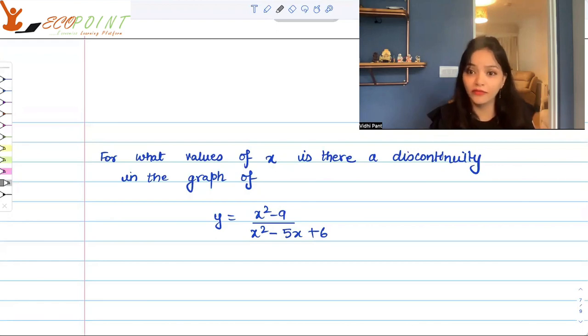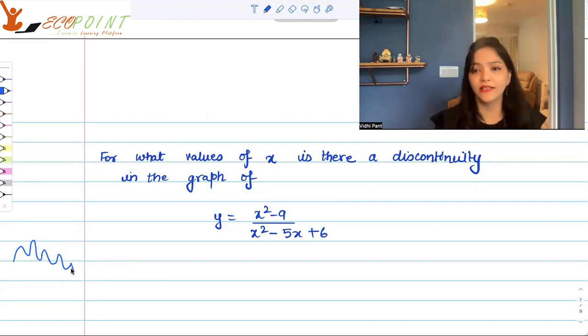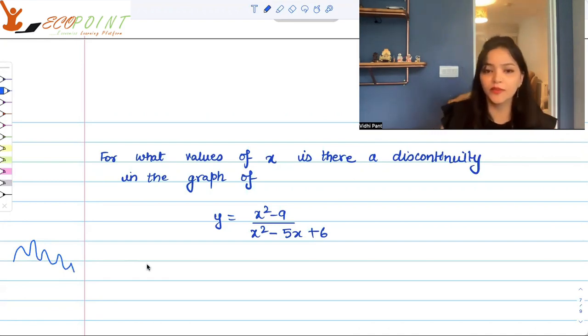When you start graphing or you pick up your pen to draw something and there is no break, that is continuity. So it's a graphical concept per se. That's why it's not necessary that you have to graph this function in order to check it.